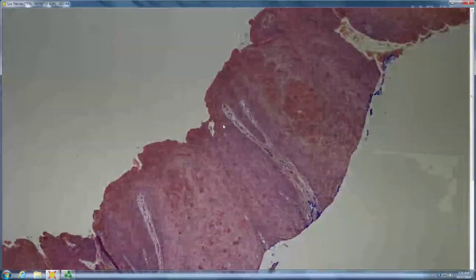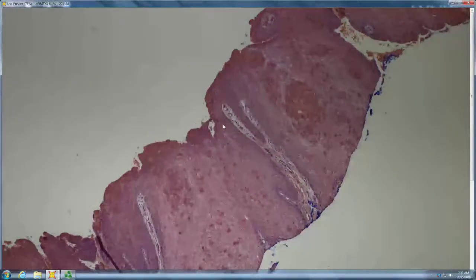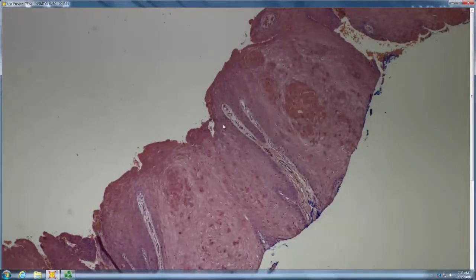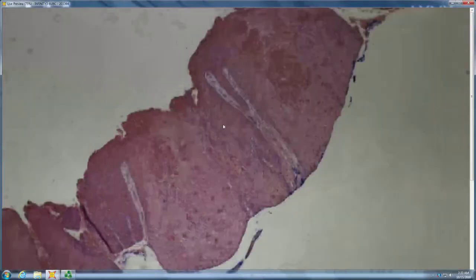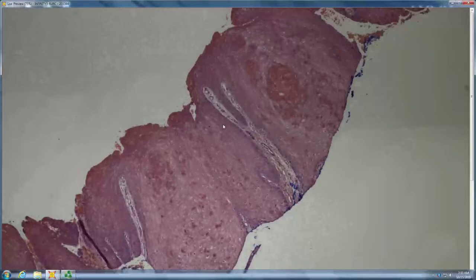Things in the differential, Still's disease can look similar with the dyskeratotic cells, but does not get the keratoacanthoma-like acanthosis that's glassy. And the other thing that can look identical is subungual keratoacanthoma.